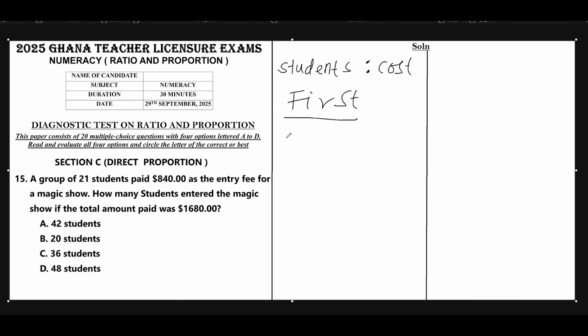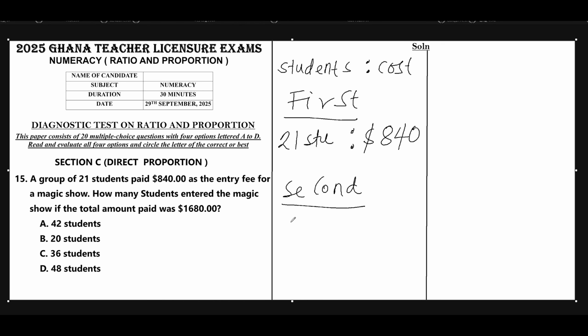So again, with the first instance, we have 21 students. Their cost was $840. Now the second instance, we are to find the number of students if the total amount paid was $1,680.